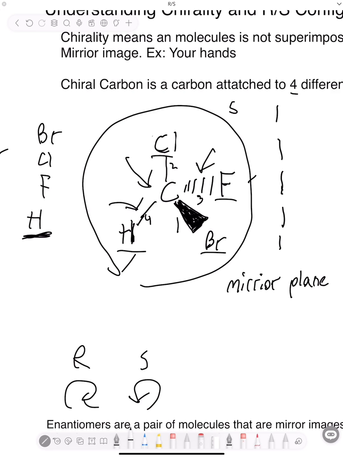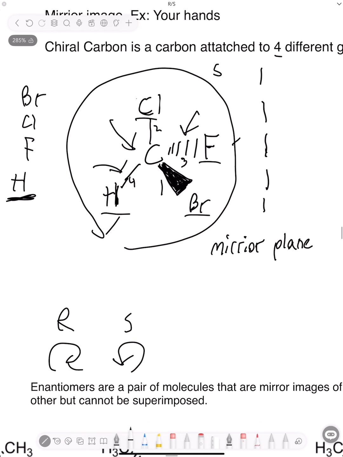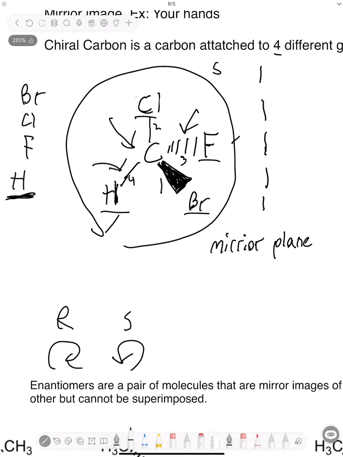And you could just remember to inverse the configuration when the hydrogen, or the lowest priority, is not on the dash. Or you can conceptualize this as just the carbon here, the chlorine here, and if you were to rotate this molecule, the dash means it's behind.